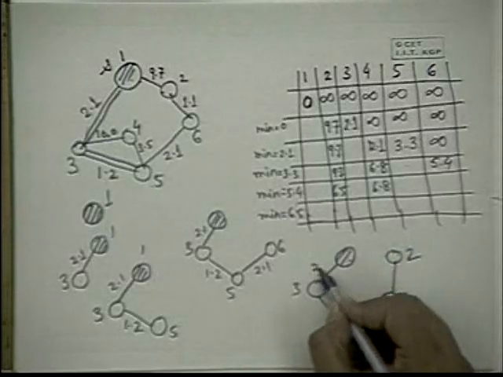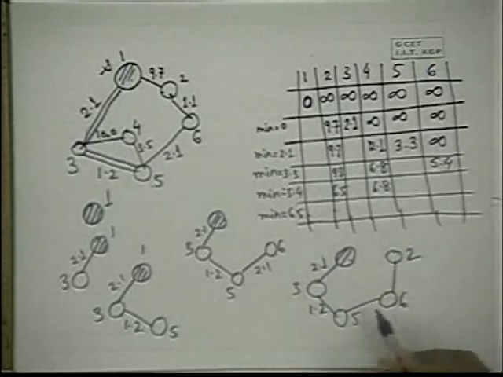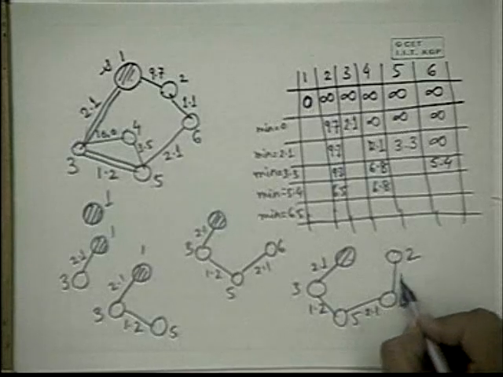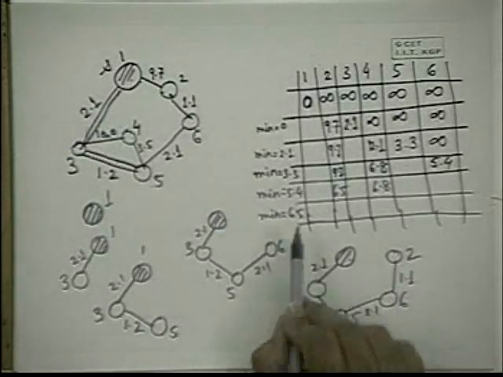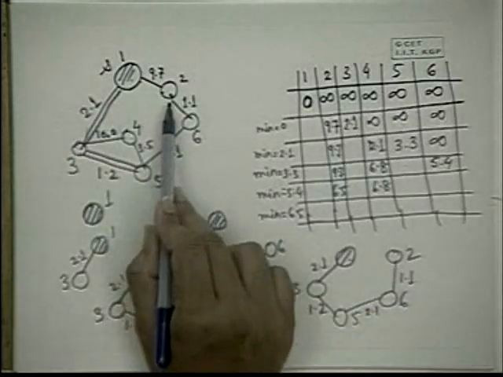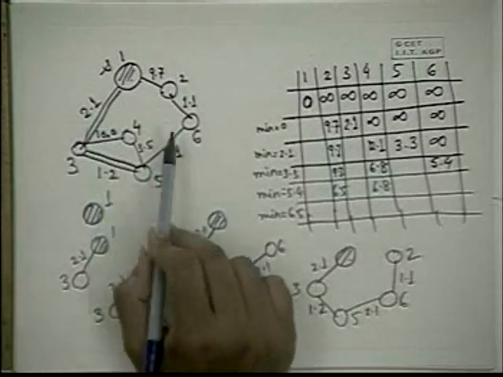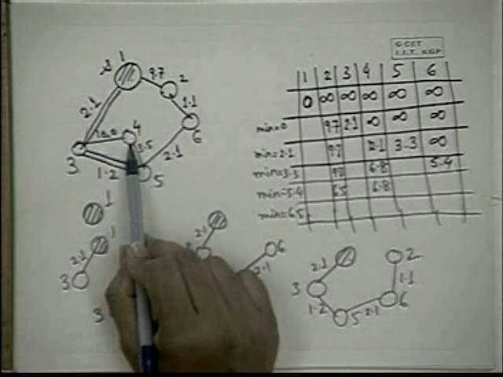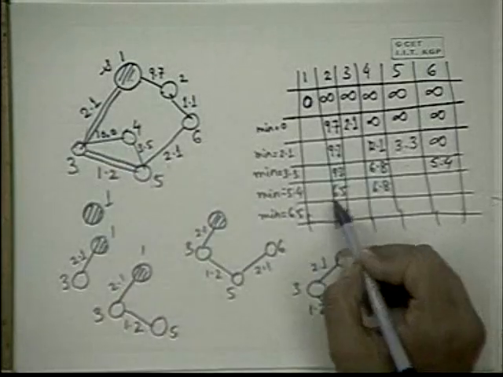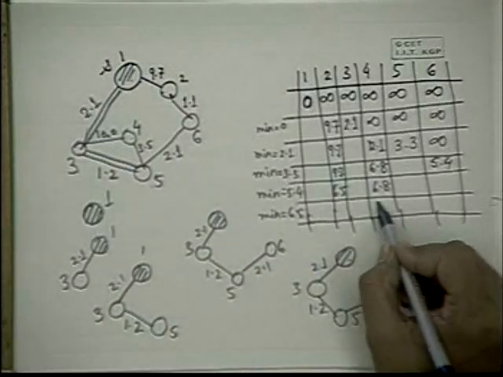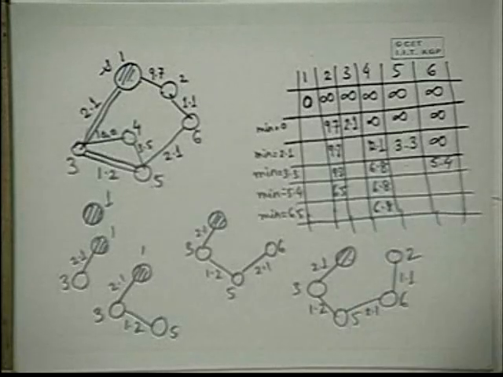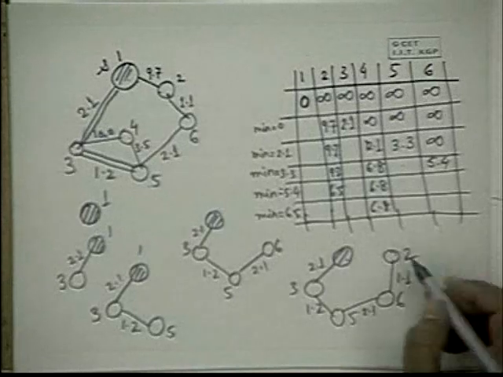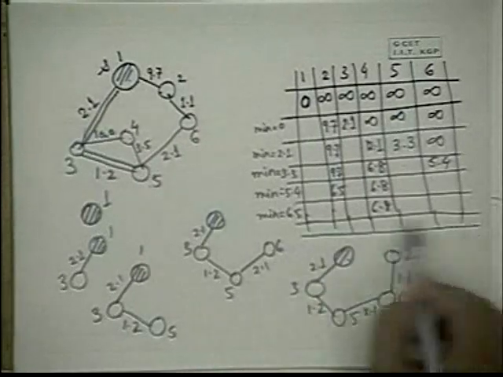So this is 2.1, 1.2, 2.1, 1.1. And when you extract this vertex 2, you can only update 4 which has not yet been extracted, but that cannot be updated. So 2 has been extracted, 4 remains 6.8, everything else has been extracted.